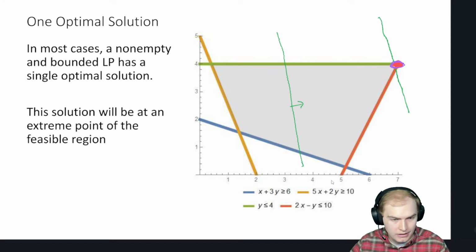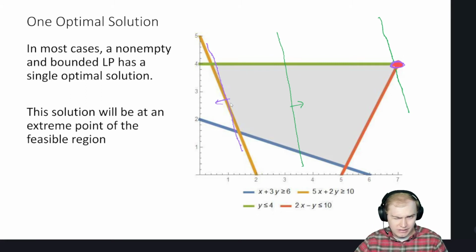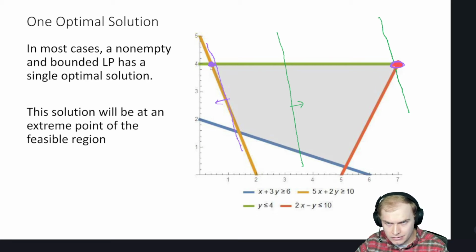Alright, so what about if my objective is really, really close to being parallel to a constraint? If it's really, really close, we're still going to get one solution, one optimal.